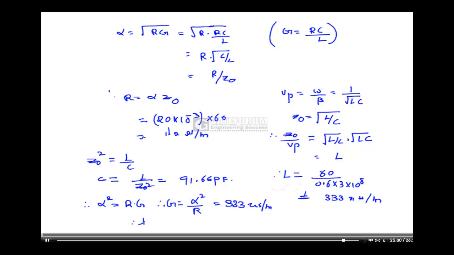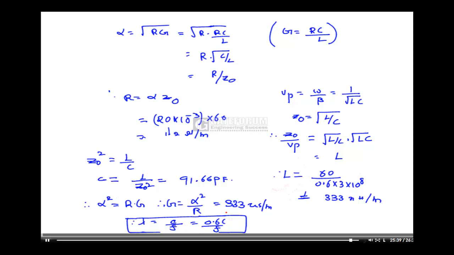Or lambda is equal to c by f. C here is phase velocity, that is 0.6 c by f. So this relation also you can use. Okay, like this you can solve the problems.